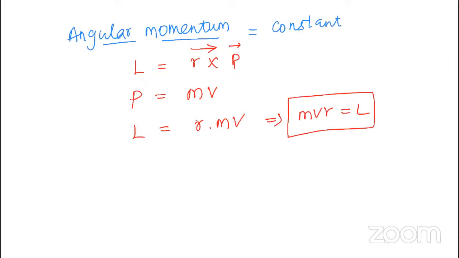Angular momentum should be in a constant form. So dA by dt is equal to L by 2m.